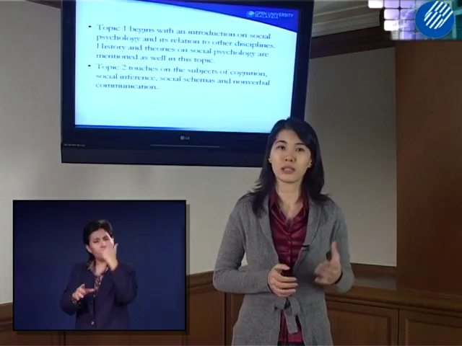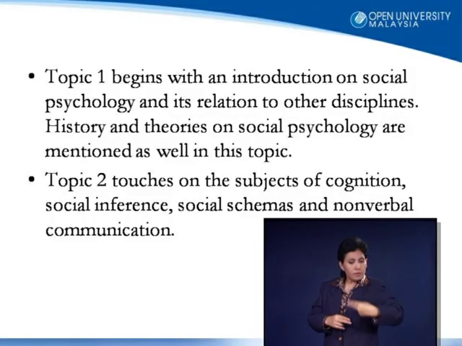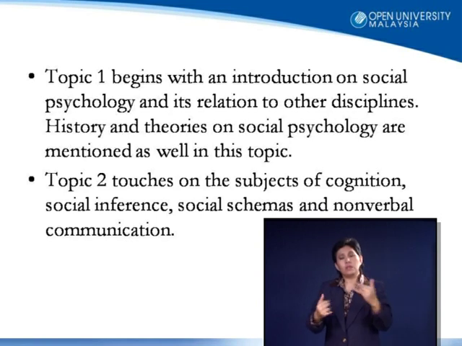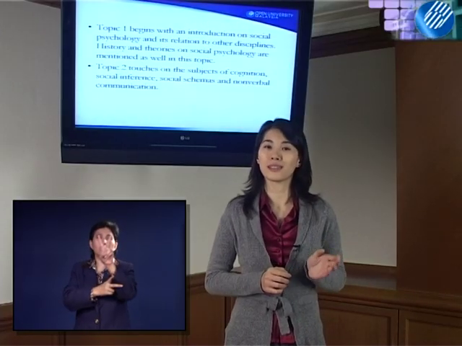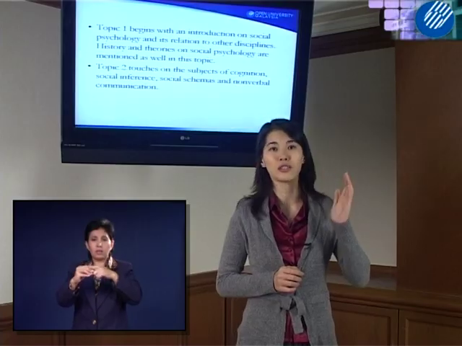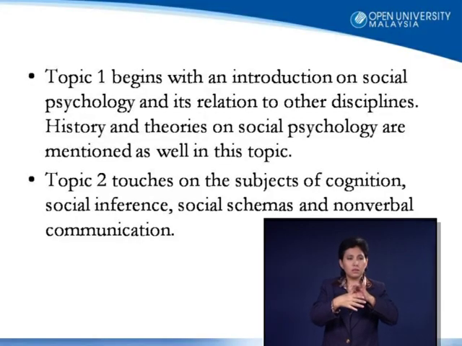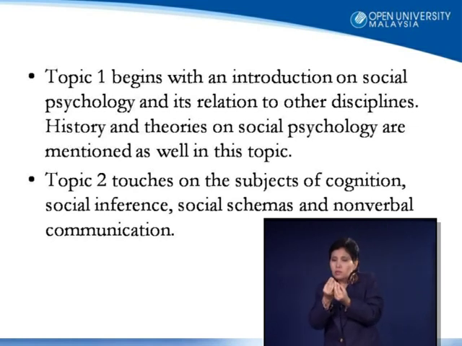We would also look into the history of social psychology, because history makes up what social psychology is today, and some theories will be mentioned. In topic 2, we touch on cognition: your thoughts, social inference, social schemas, and nonverbal communication.